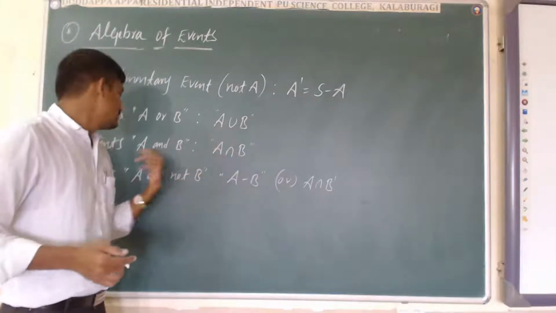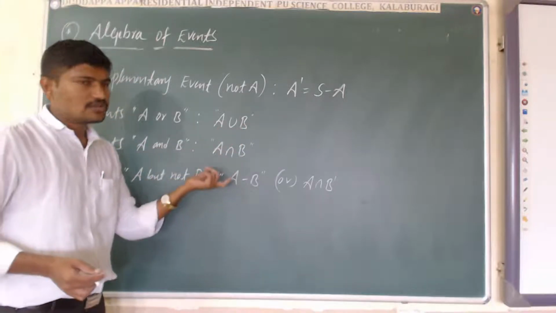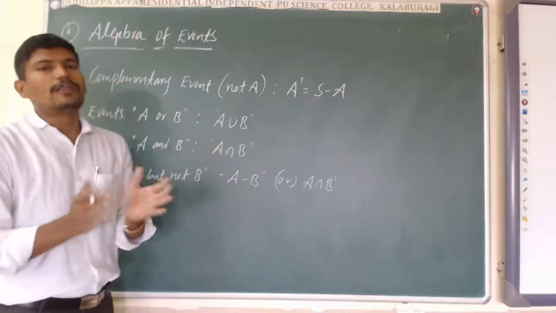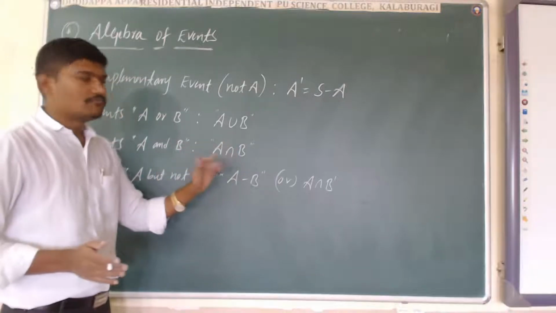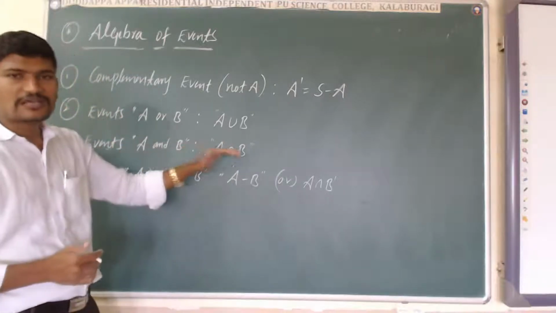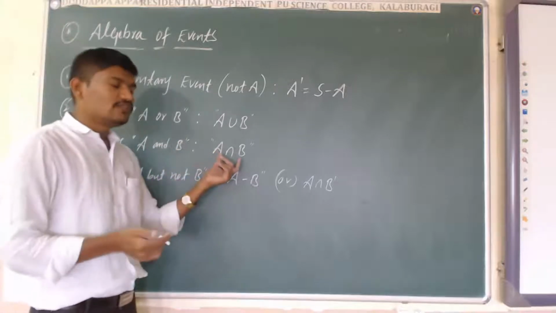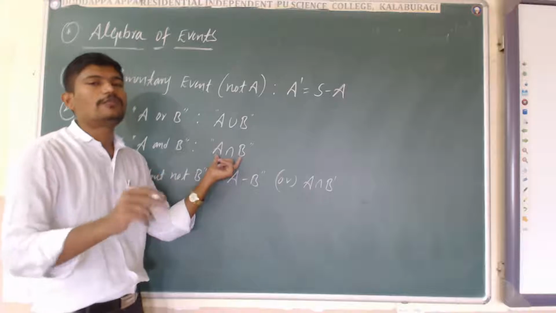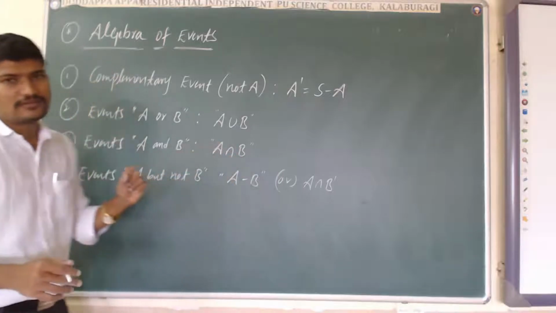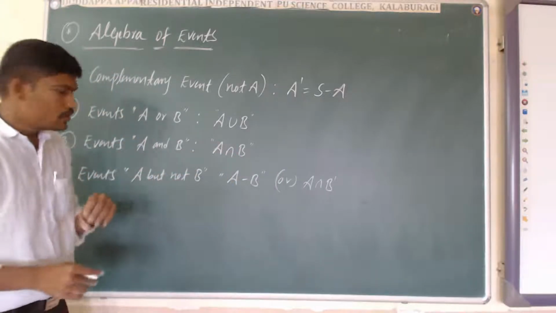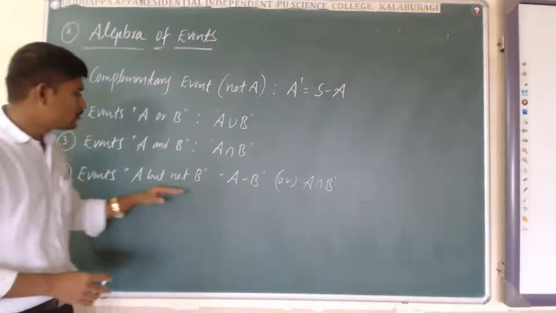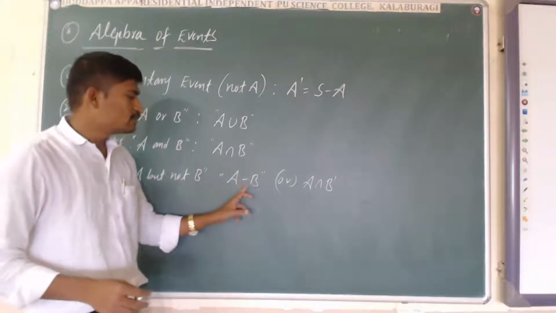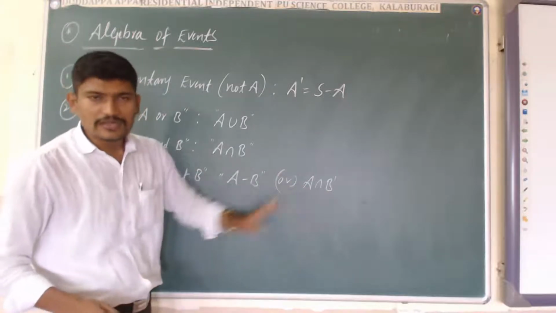Intersection is the common elements of the given two sets. Next, events A but not B is nothing but A minus B or A intersection B dash.